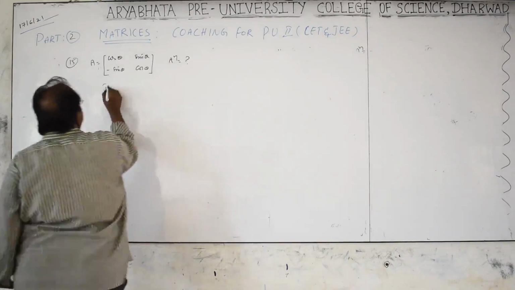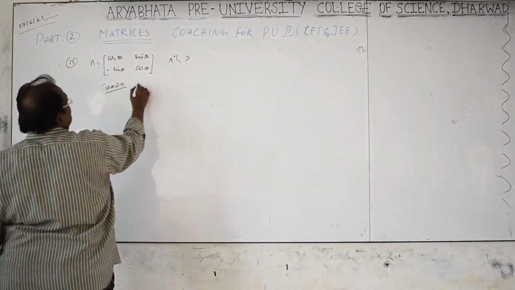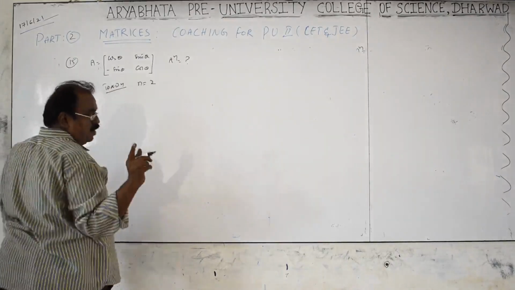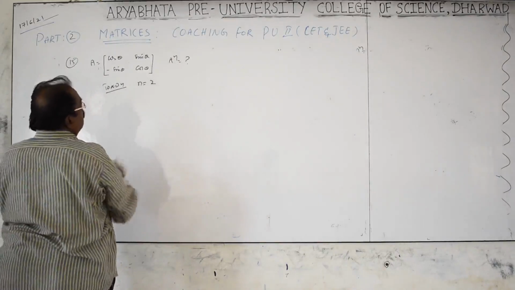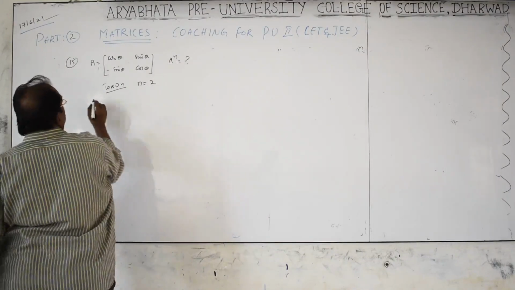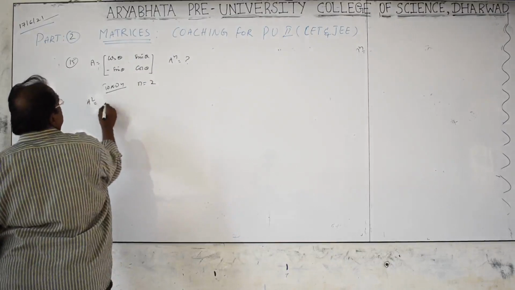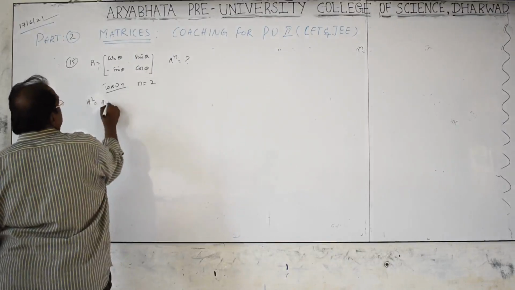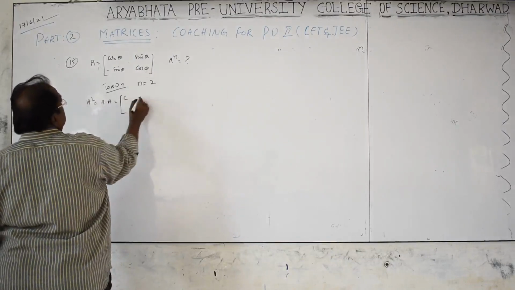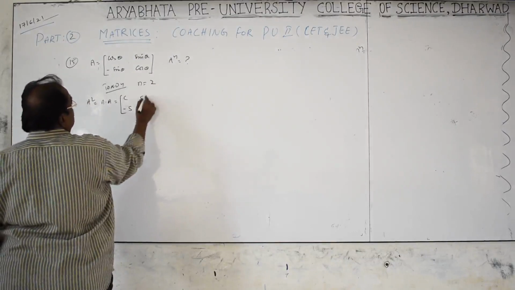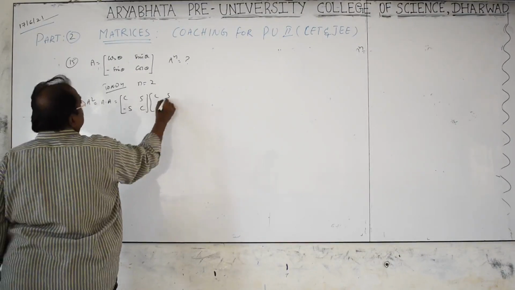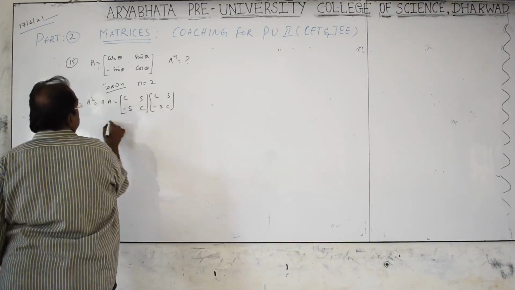Take n is equal to 2, better to take 2 always. N is equal to 2 means it is a square, that is A into A. That is cos sine, minus sine cos, into cos sine, minus sine cos.